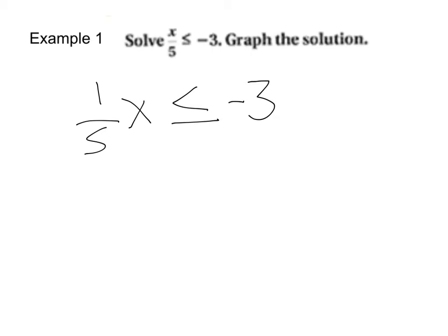My first step would be to multiply by the reciprocal. I'm multiplying each side by 5 over 1. Pause the video and solve the rest from here. Play the video to check your answer.